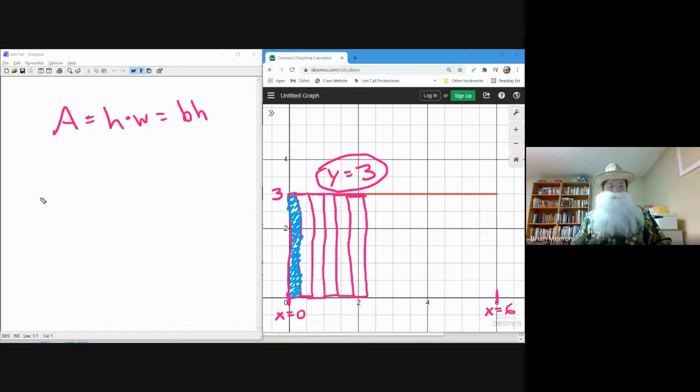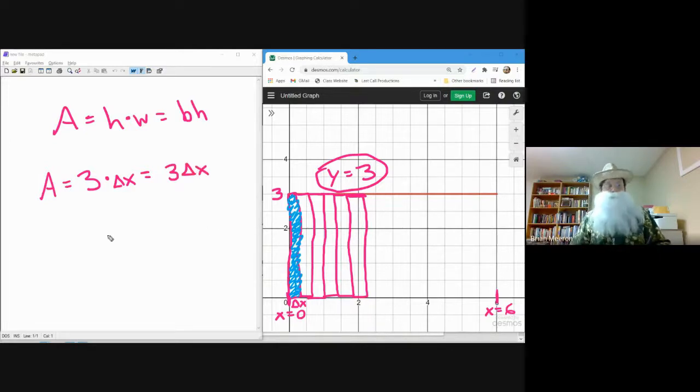It has a height of 3, and it has a width of, well, I can't really tell in this case, but what I am going to do is call that width delta x. So this first rectangle has an area of 3 times delta x. There it is.